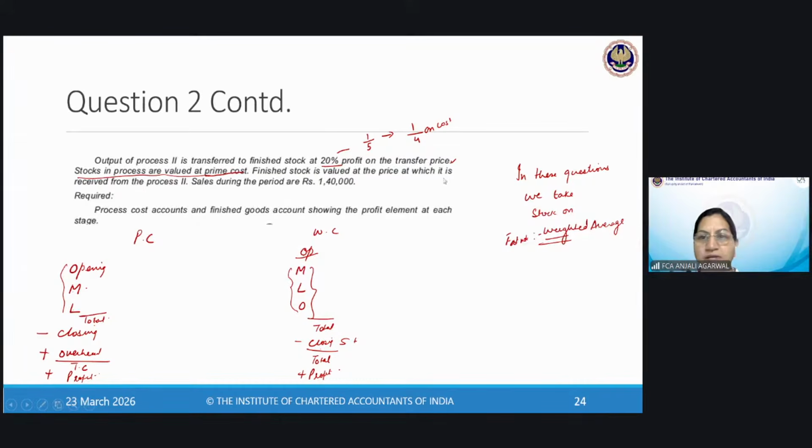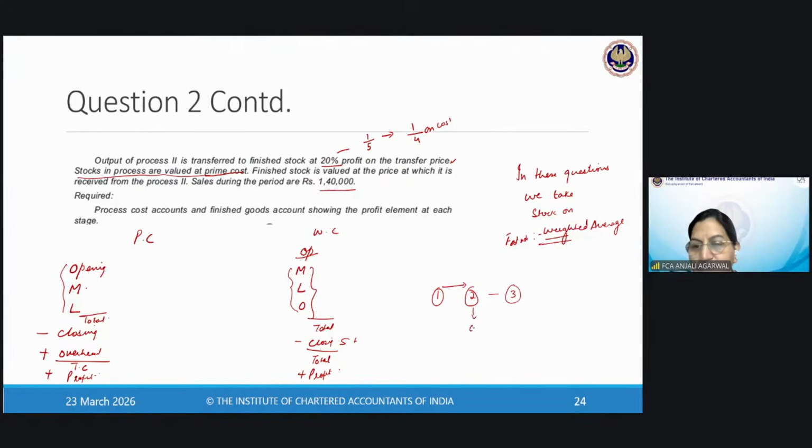Finished stock is to be valued at a price which is received from process 2, and the entire sales during the process was 1,40,000. Now, inter-process profits involve one concept: if you are transferring from the first process to the second process to the third process, process 1 has earned some profit, process 2 has earned some profit, process 3 or finished stock has earned some profit.